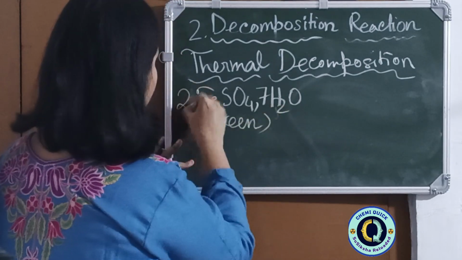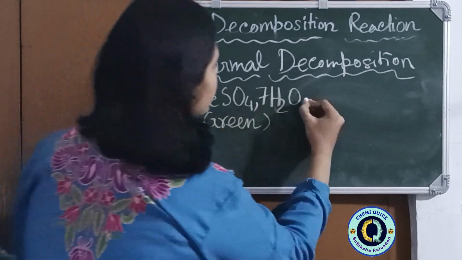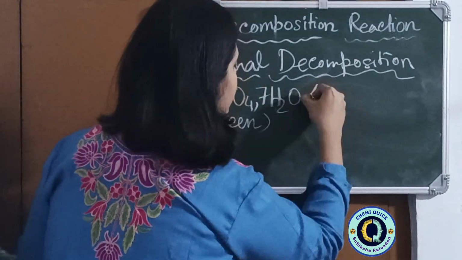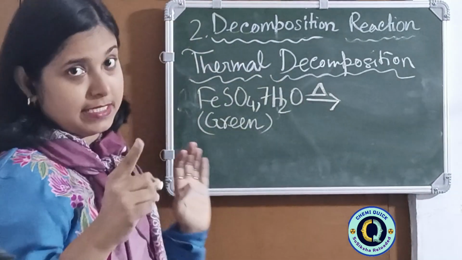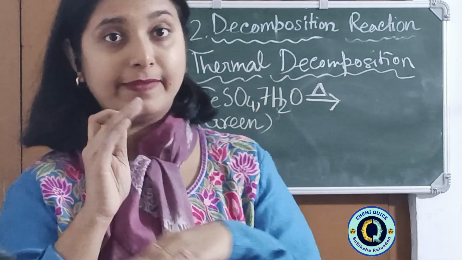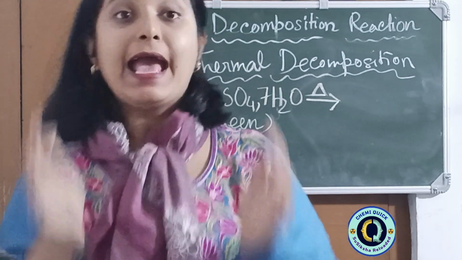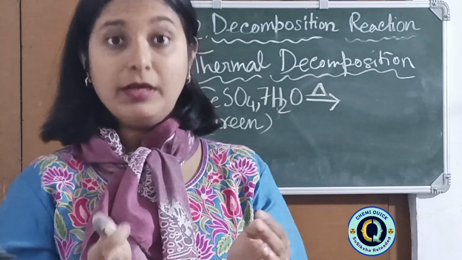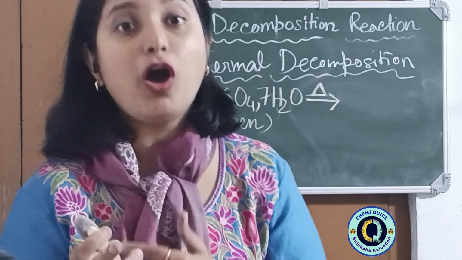Okay. So now it is heated. As soon as it is heated, the water of crystallization will be evaporated first and the crystal will break down. As soon as the crystal breaks down, the color will be lost.